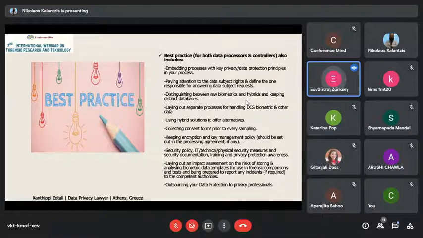And collecting consent forms, informing the data subject. Of course, keeping encryption and key management policies, security policies, and security measures. And of course, the best practice for all parties involved in the processing of biometric data is laying out an impact assessment on the risks of collecting, storing, accessing, and analyzing those biometric data templates.